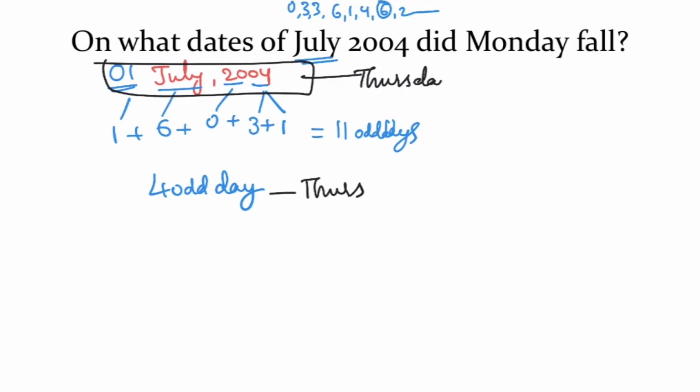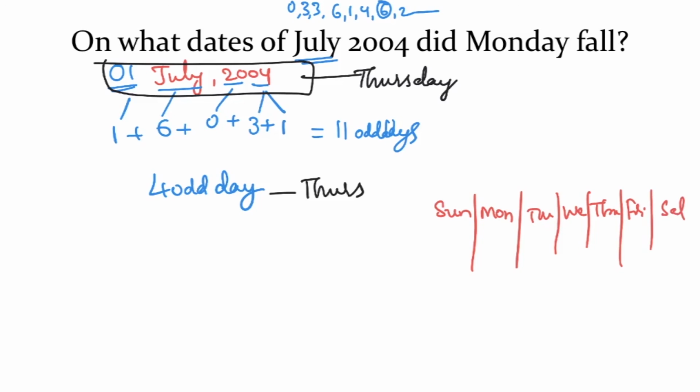From that you can find the month calendar. Sunday, Monday, Tuesday, Wednesday, Thursday, Friday, Saturday and Sunday. And the first day was on Thursday, 1st July 2004.